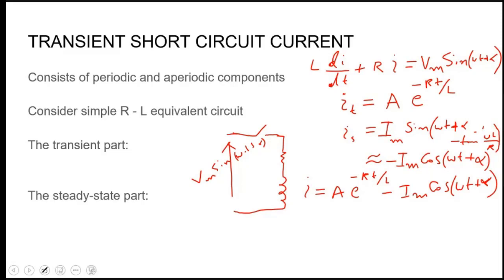Now, at t equals 0, i equals 0, if we apply these initial conditions. So t equals 0, i equals 0 implies what? A, this constant, we have to find out, the arbitrary constant.